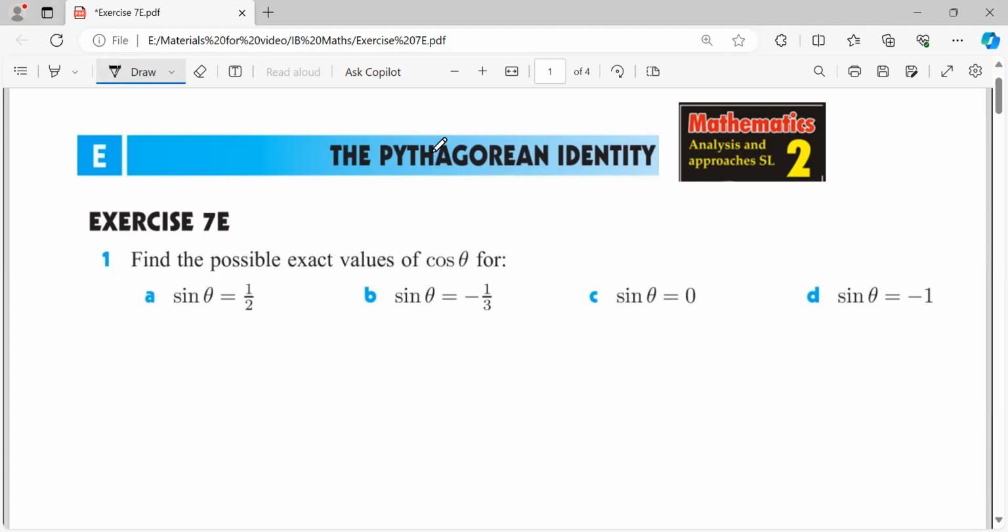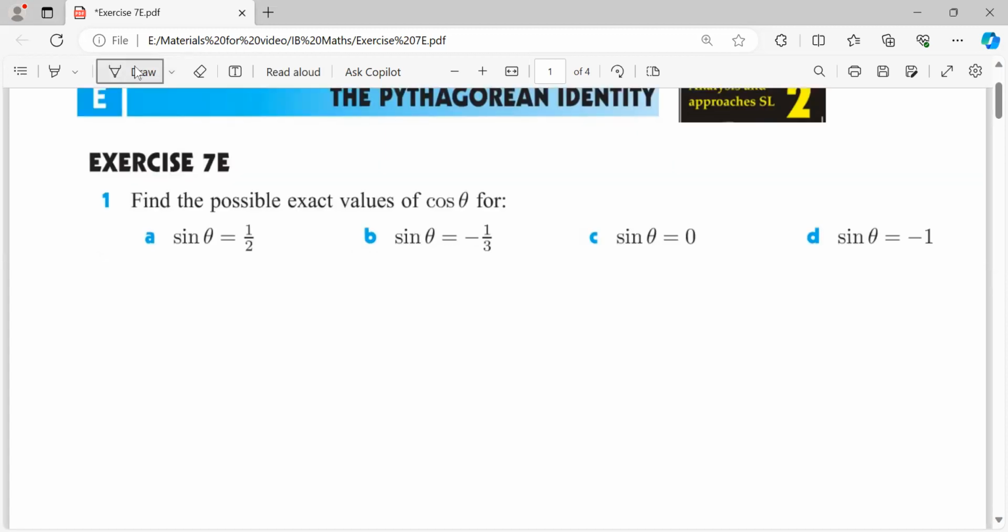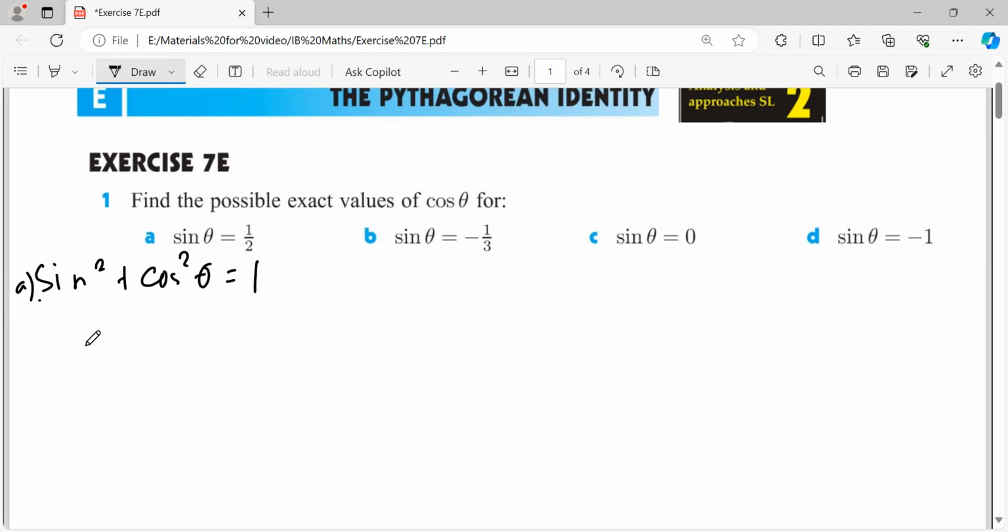Find the possible exact values of cosine theta for 1a, sine theta equals half. Firstly, we have to write down this equation: sine squared theta plus cosine squared theta equals 1.